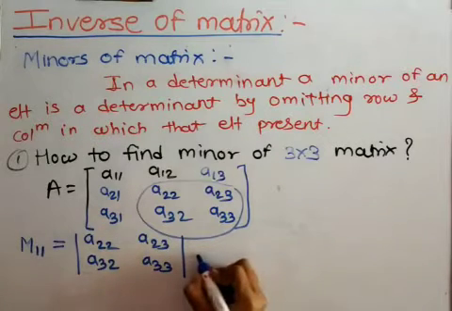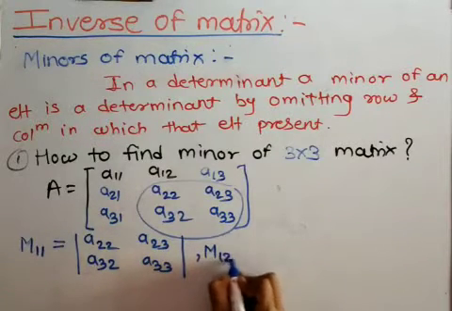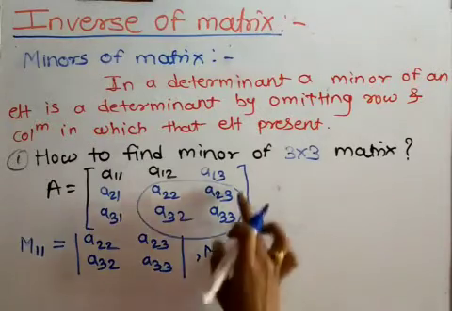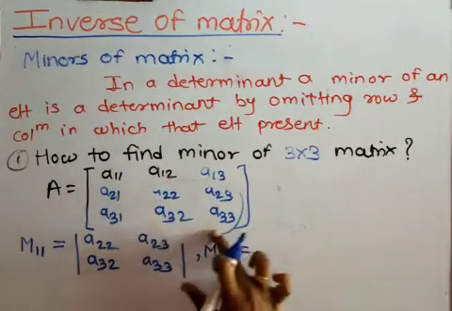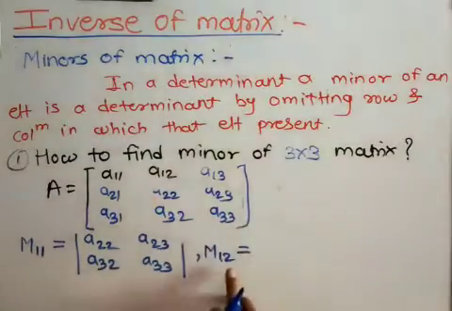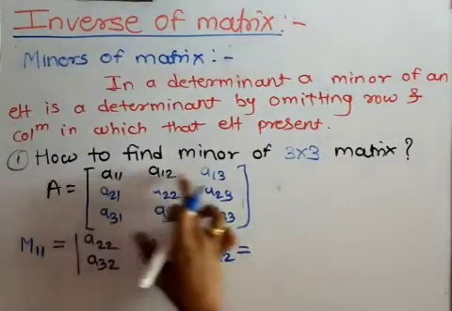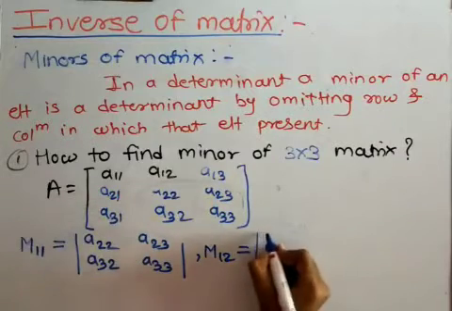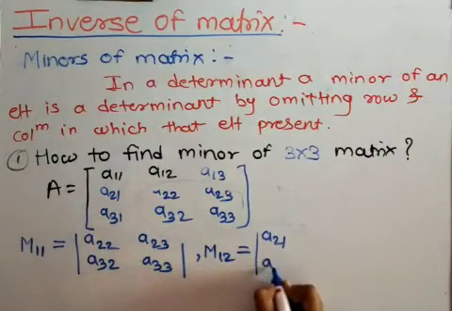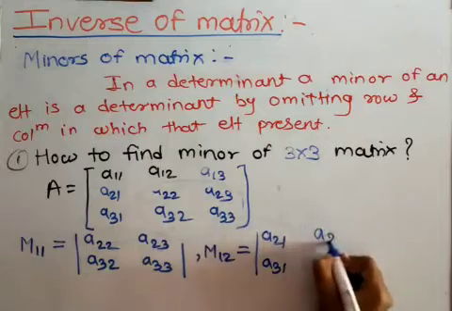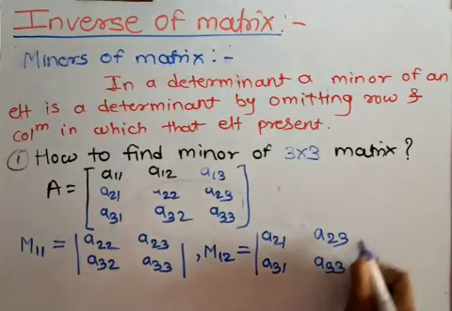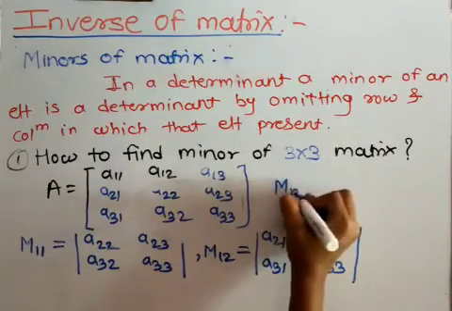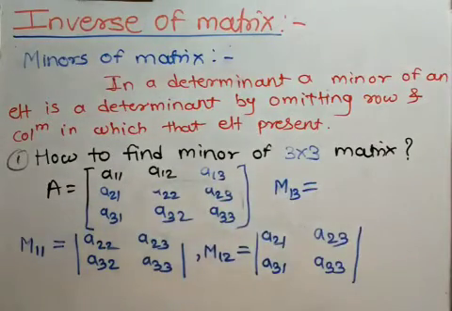Okay, say M12. For this we neglect the first row and second column. So the remaining part is A21, A23, A31, A33. Okay, same as it is for M13. Now we have a 3 by 3 matrix.